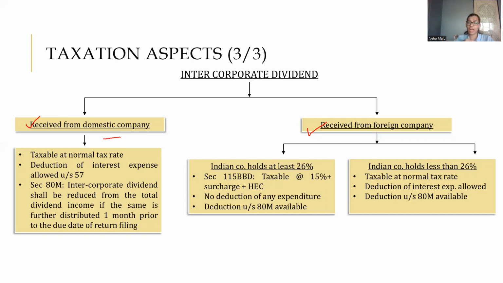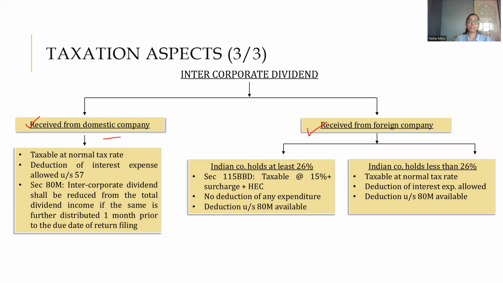However, under Chapter 6A, there is a section called section 80M, pursuant to which if the company declares the dividend portion which it has received from another company, then the same shall be reduced. I'll simplify this.